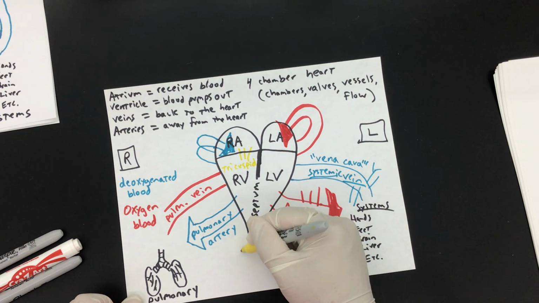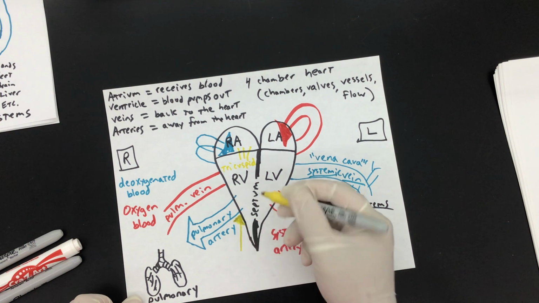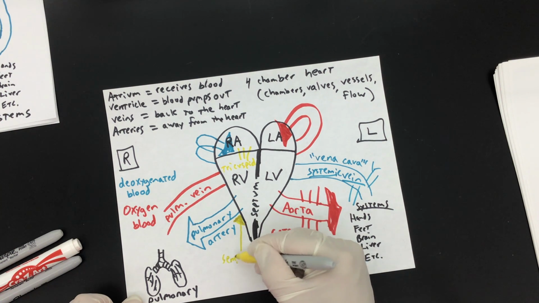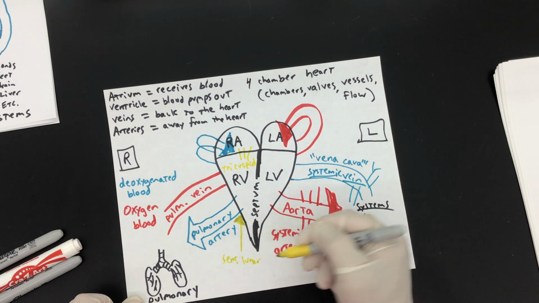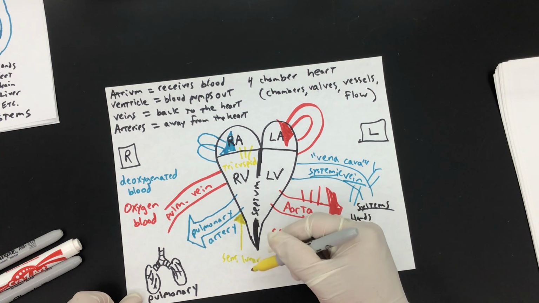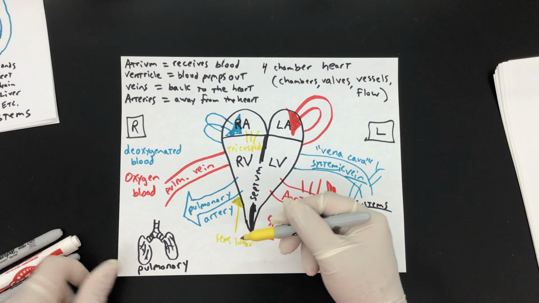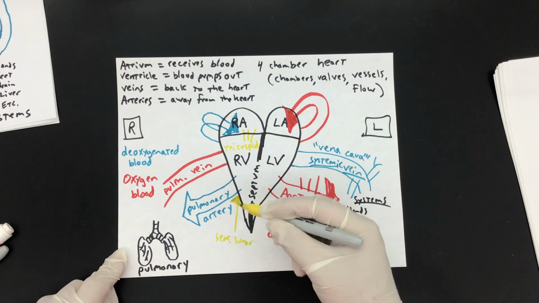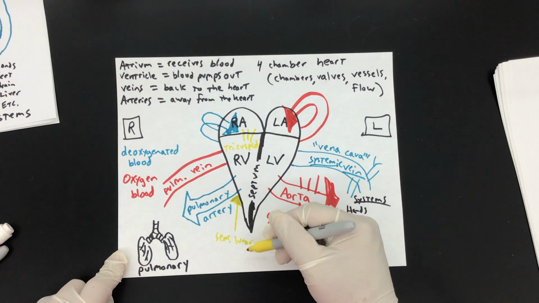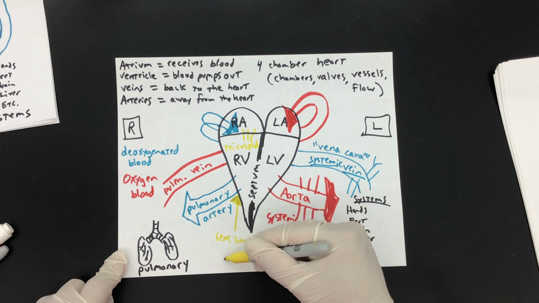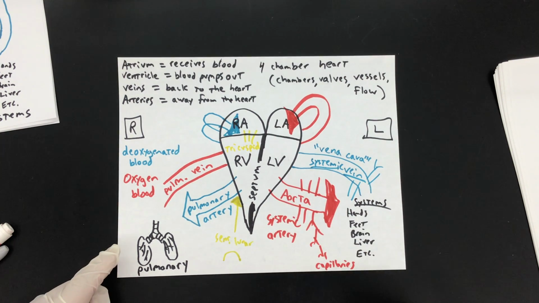And so you have what's called a semilunar valve here. The semilunar valve. And so what semilunar means is that lunar is kind of like a circle, or moon shape, right? And so semilunar means like almost a moon. So it kind of looks like this. Kind of looks like a parachute.